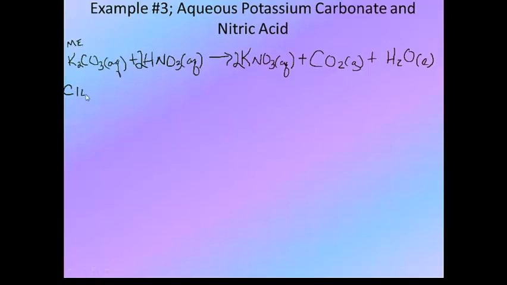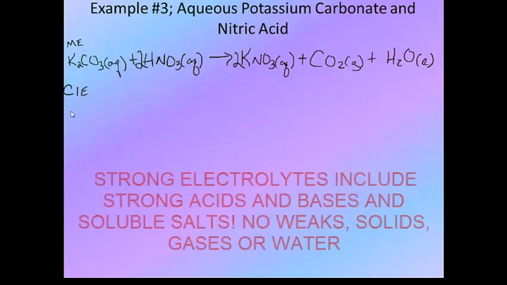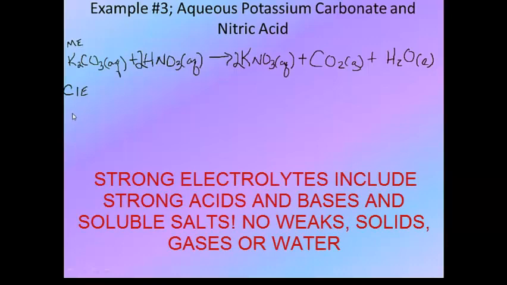My complete ionic equation is going to separate the strong electrolytes. Potassium carbonate is a strong electrolyte based on solubility rules. The subscript only pertains to the potassium ion. You will notice that this partnership is also electrically balanced. Nitric acid is one of my strong acids, and it has a coefficient.